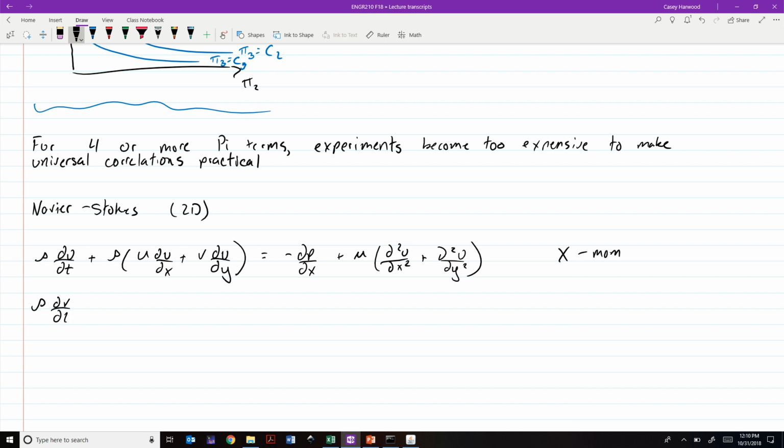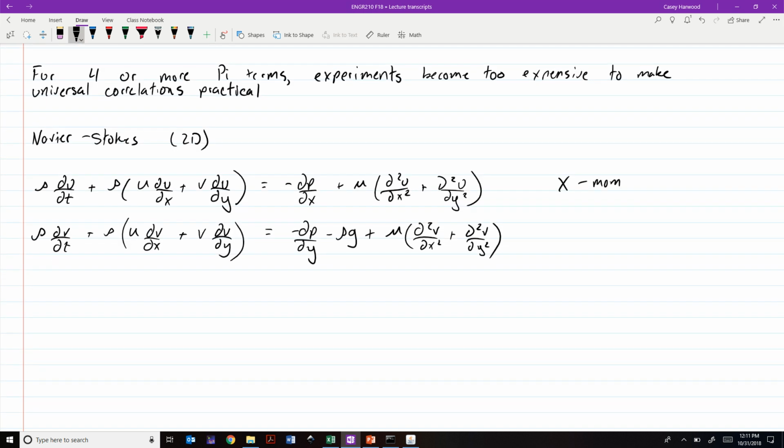Then rho dv/dt plus rho u dv/dx plus v dv/dy equals negative dp/dy. In this case, we'll include rho g, and we'll assume gravity's only acting in the y direction. Plus mu times d squared v/dx squared plus d squared v/dy squared. And continuity.